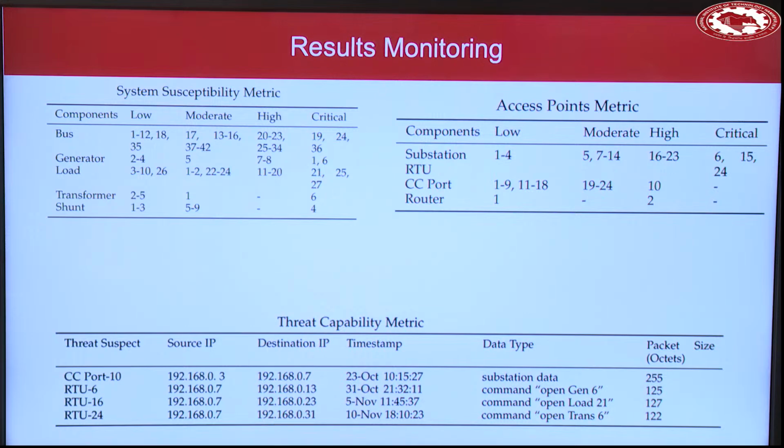And you derive certain matrices: system susceptibility, access point matrix, what kind of attacker model, what devices they have access to, which port numbers they have access to, and a threat capability matrix. So you have a security team that can detect some of the packets and so on. You are creating historical data to help understand which parts of the system are critical, which devices are critical, because they are constantly being attempted by the attacker.